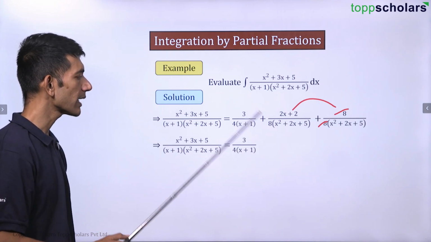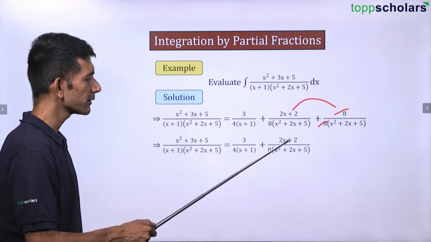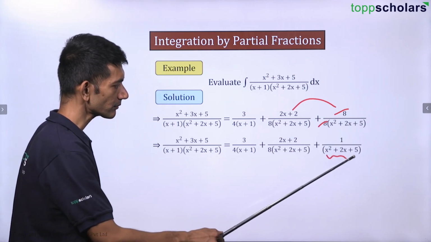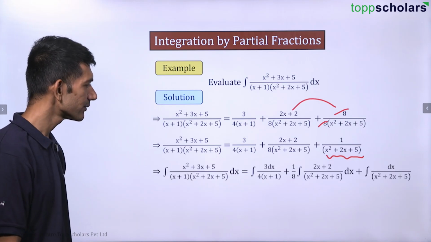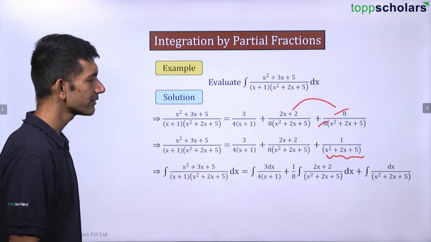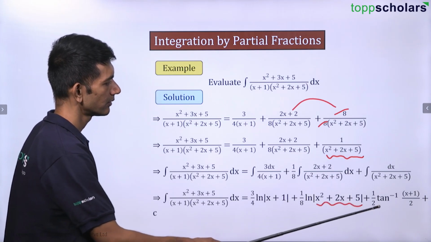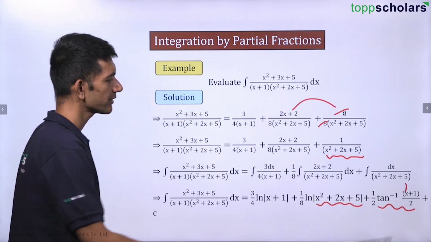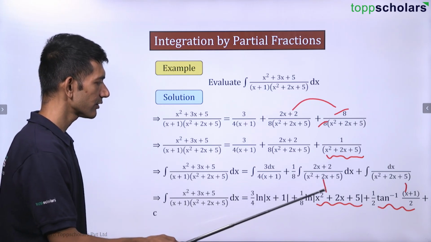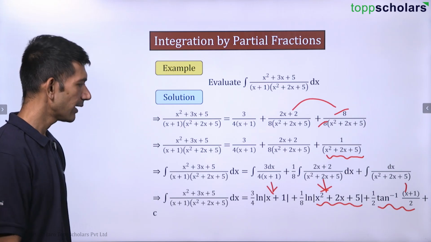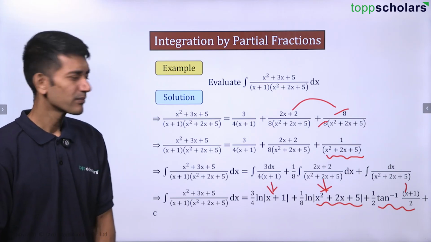This is 3 by 4 times x plus 1. This is 2x plus 2 by as it is. Now this, you know how to solve, right? Separate the integrals. This is tan inverse x by a plus c. This you can solve. This is log of x plus 1. And then plus c, that is your final answer.